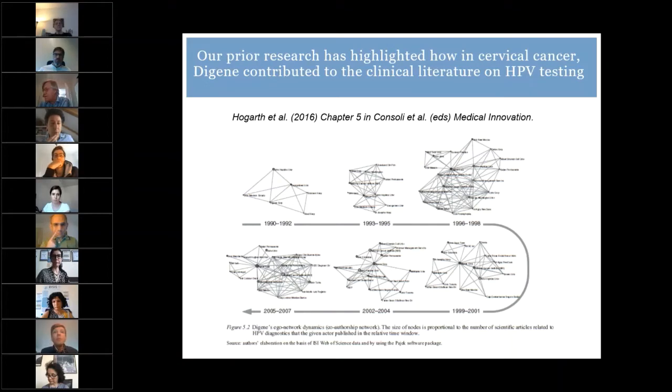So this is an example, a case in point, which we've studied in our previous research. What you can see here are 6 co-authorship networks relating to different time periods from the 1990s onwards for a company called Digene.